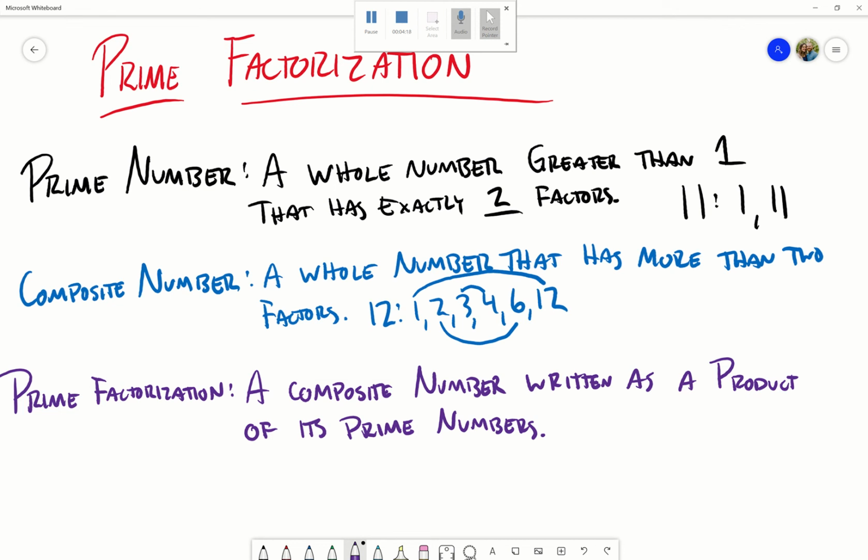So it's a composite number that's written as a product. What does product mean? This means multiplication. So it's a composite number that's written as a multiplication problem of all of its prime numbers.